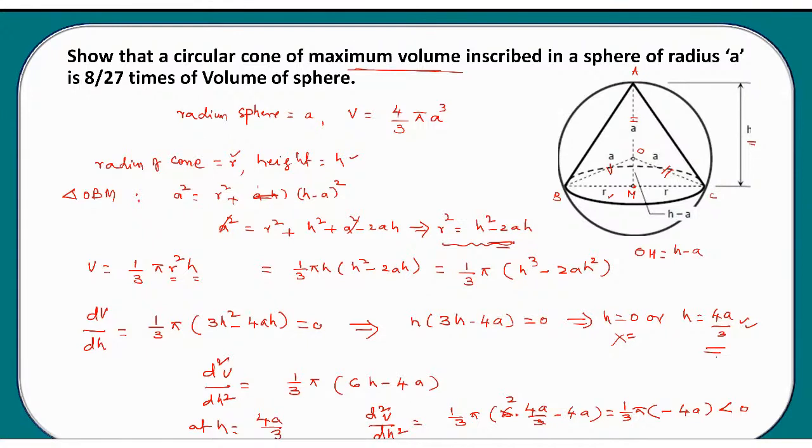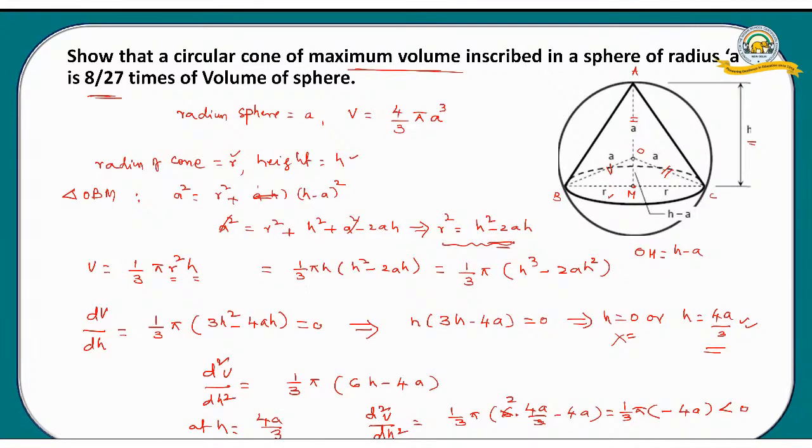Now you need to prove that the volume of the cone is equal to 8 by 27 times the volume of the sphere. We found out h equal to 4a by 3, and for the volume of the cone, we'll go back to the previous slide.